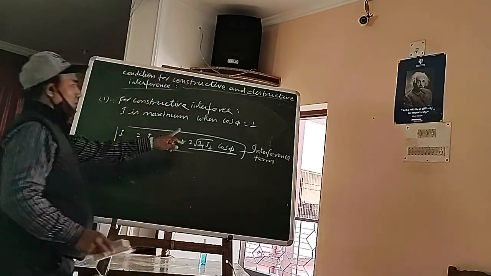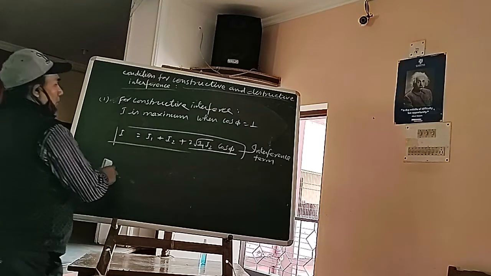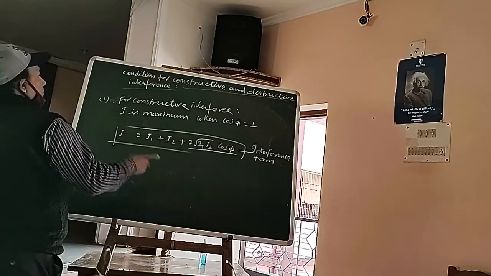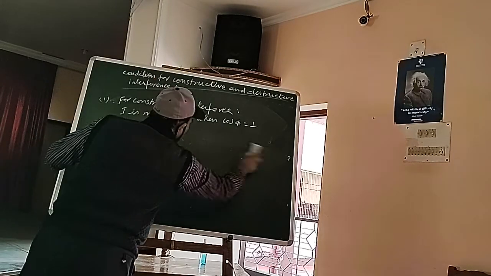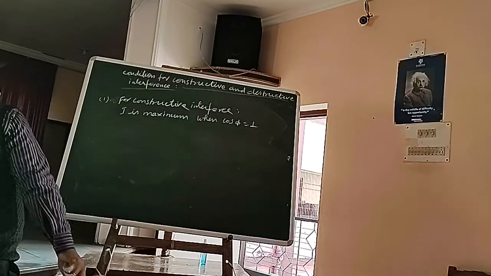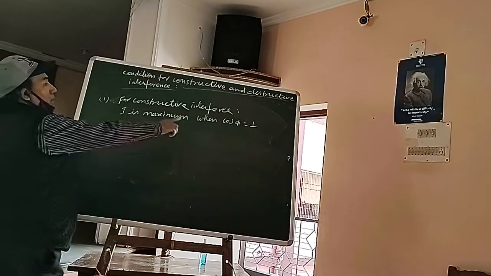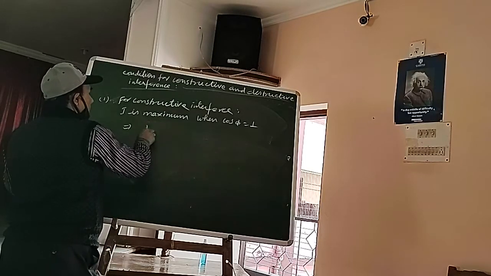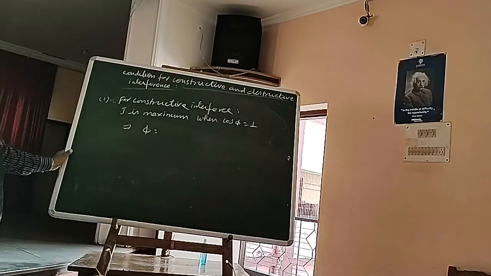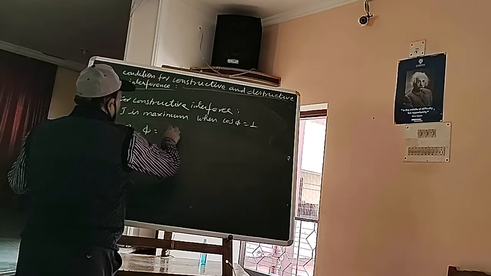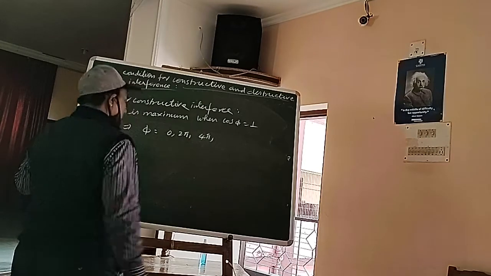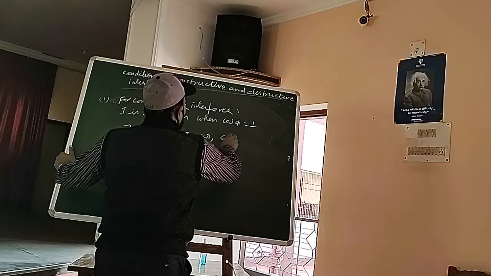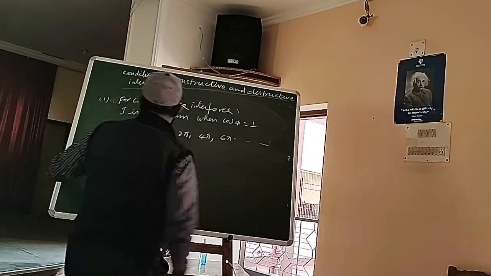So cos phi is 1, then I will be maximum. This implies phi is equal to 0, 2 pi, 4 pi, 6 pi and so on, since cos phi is maximum at those values.